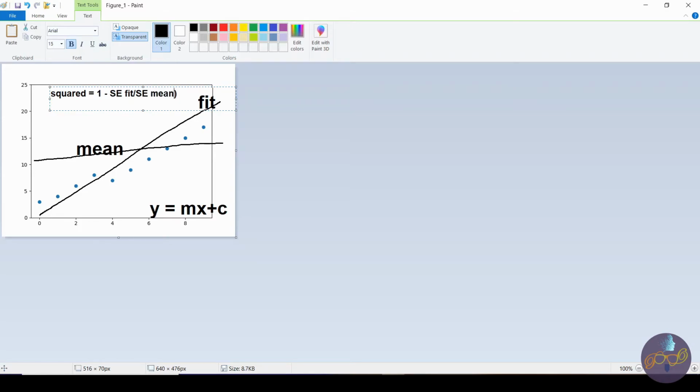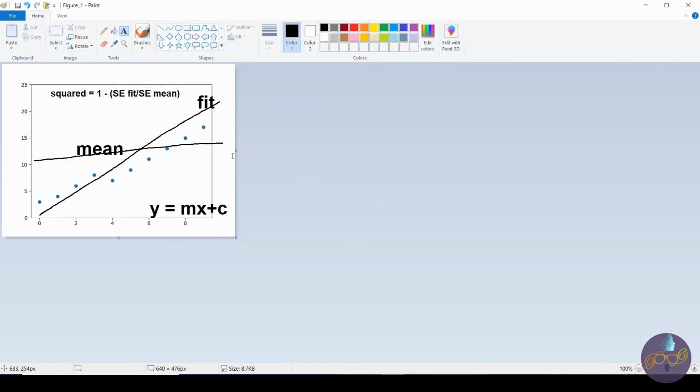We want this subtracted quantity to be smaller, nearly equal to 0. So let's say the error of the fit is equal to 0. Then this whole quantity will become 0, and 1 minus 0 will be 1. So this squared term will be 1. It means if we get 1, our model is better, far better than better.